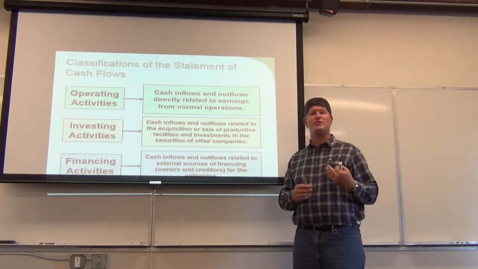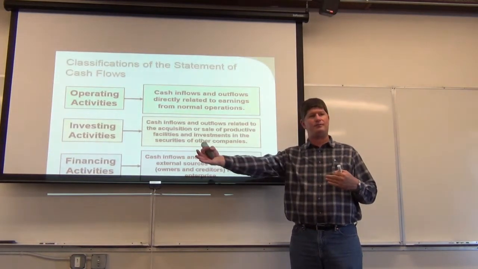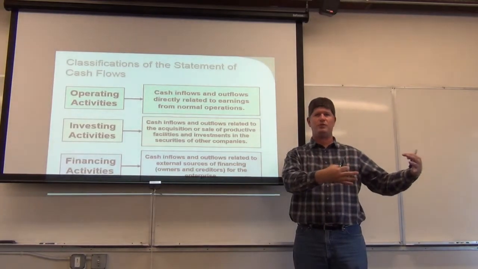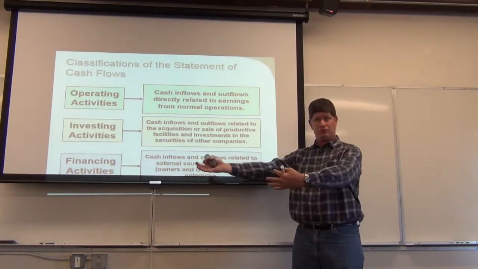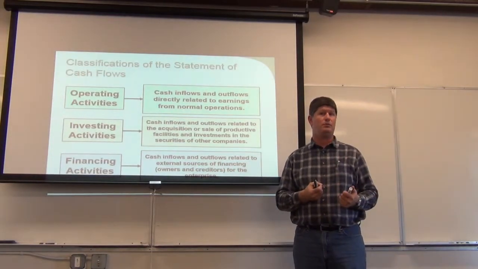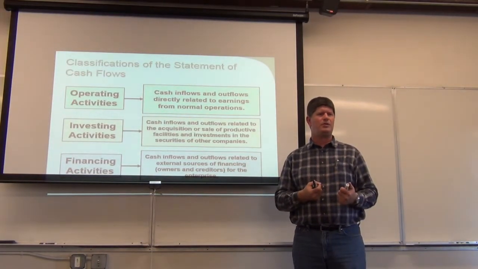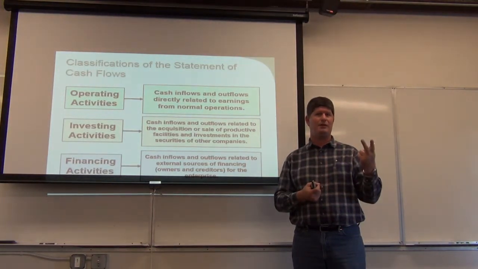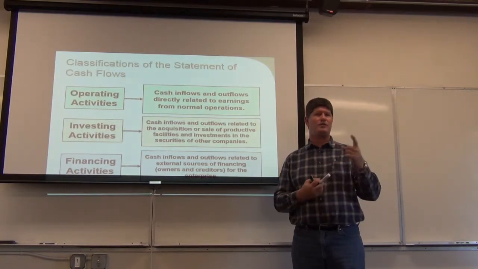So when you buy those things, you use up cash. And when you sell off the old ones because you're going to get new ones, you're getting cash in exchange for them. So they can provide cash when you sell them. Okay? Notice I'm using the terms provide cash and use up cash. A lot of times they're referred to as source of cash or use of cash.